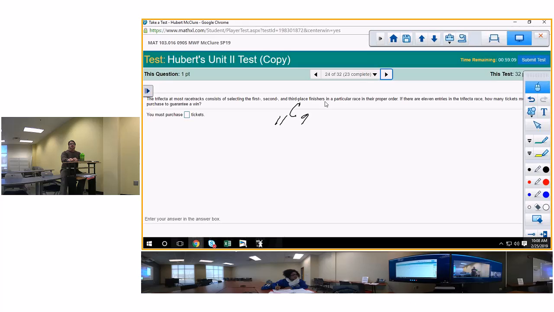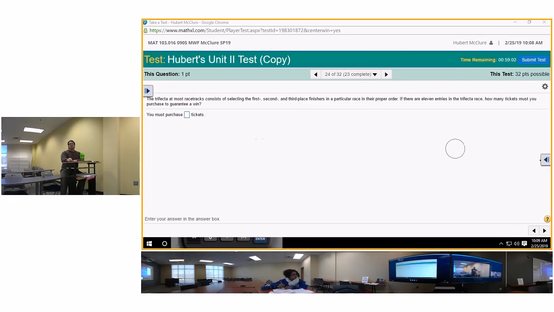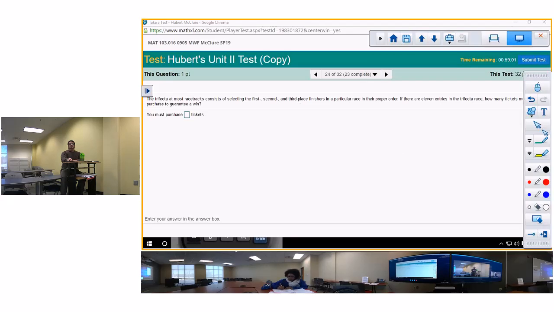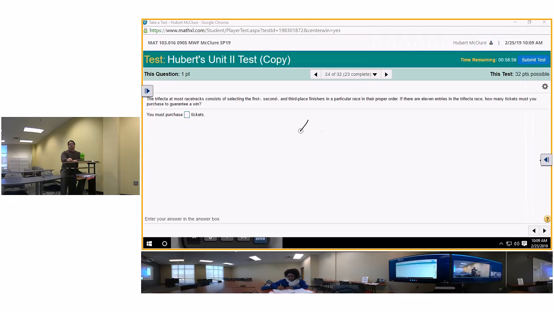So that means permutation, with 3 places, because first, second, and third place is order. If there are 11 entries, that's 11 permutation 3. How many tickets? 990.